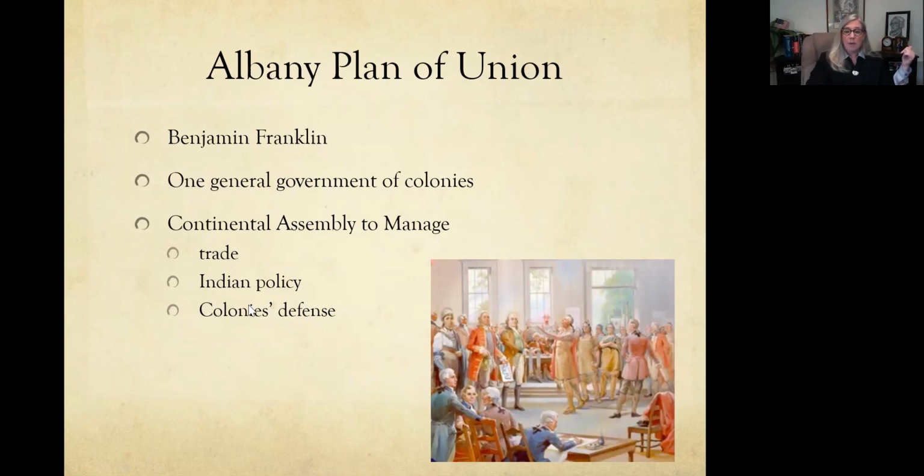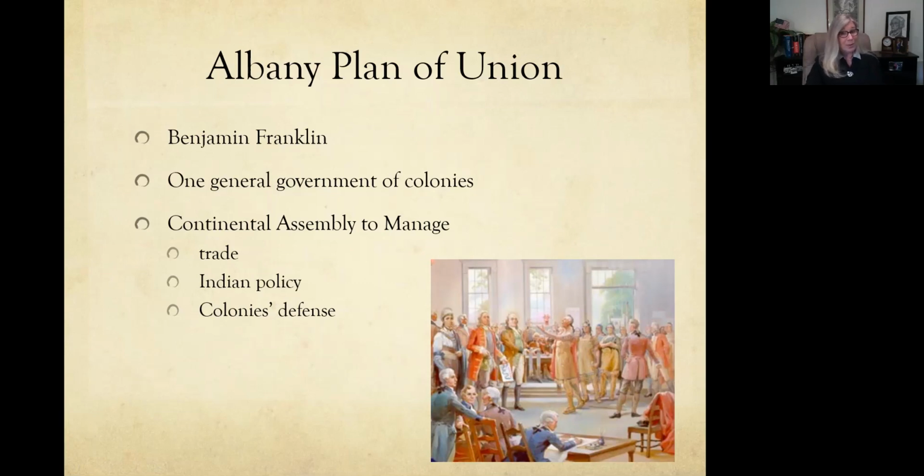To manage Indian policies, rather than George Washington representing the governor of Virginia on his own and making a mess of these relationships, there needs to be some sort of unified approach to handling the native policy. And then defending the colonies themselves, okay? So the Albany Plan is proposed, but it was never accepted.